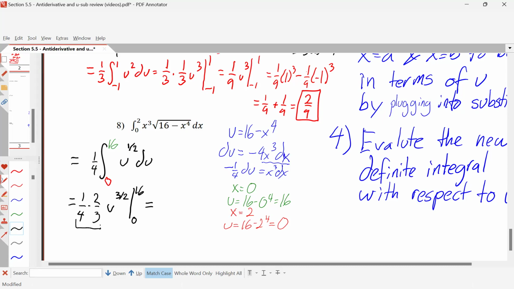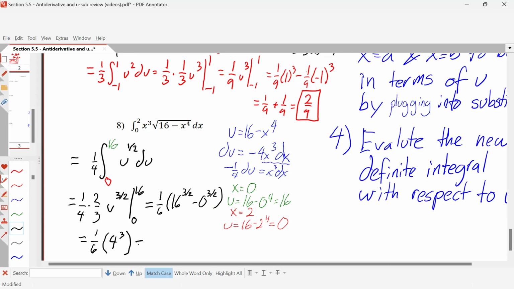1/4 times 2/3 is 1/6. We have 16 to the 3/2 minus 0 to the 3/2, plugging in our bounds. And 16 to the 3/2 is 4 cubed. 0 to the 3/2 is 0.